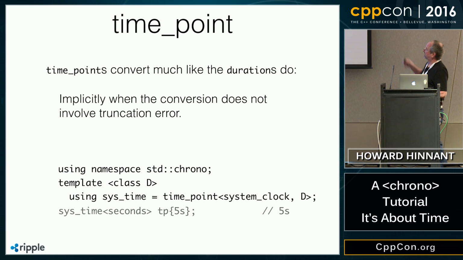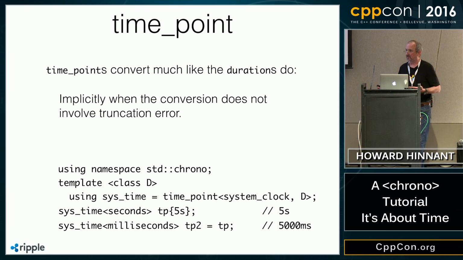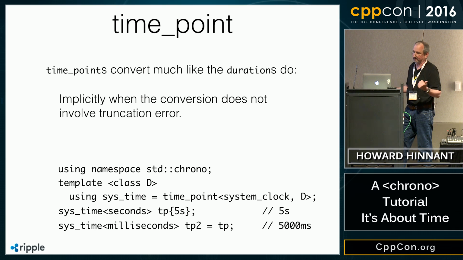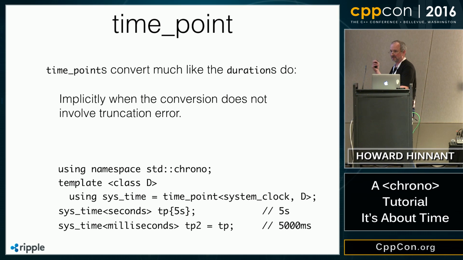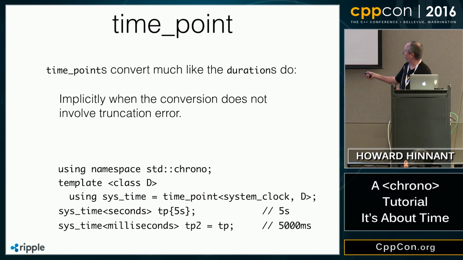So time points, since they have a duration in them, you have time points of different coarsenesses or different durations. And so they convert just like durations do. If you've got a time point based on seconds, and say it's got 5 seconds in there, just as an example, and another time point based on milliseconds, they'll implicitly convert, and that duration inside the time points will implicitly convert from 5 seconds to 5,000 milliseconds.